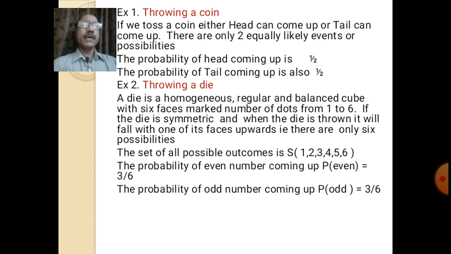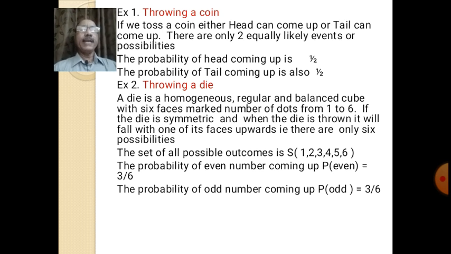Let us try to understand the term probability from some examples. First, let us take the first example. If we toss a coin, then there are two possibilities, either head will come up or tail will come up. There are only two equally likely events or possibilities.